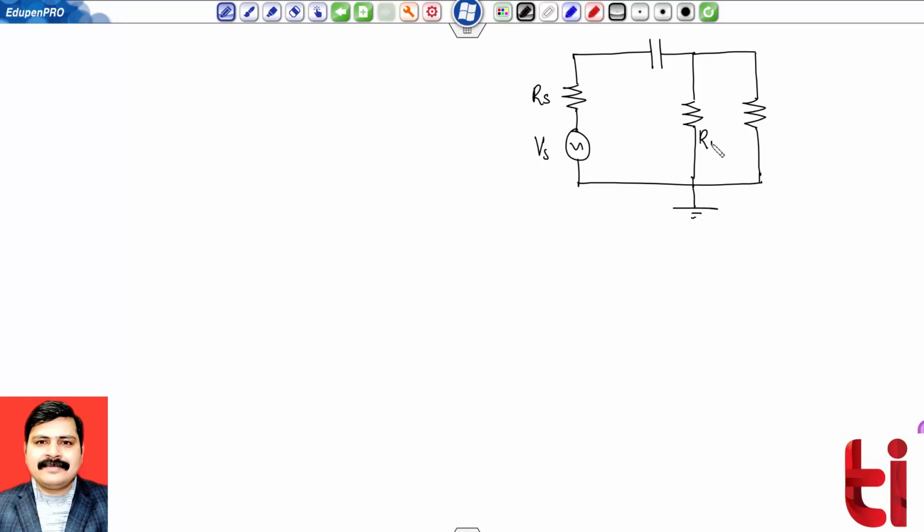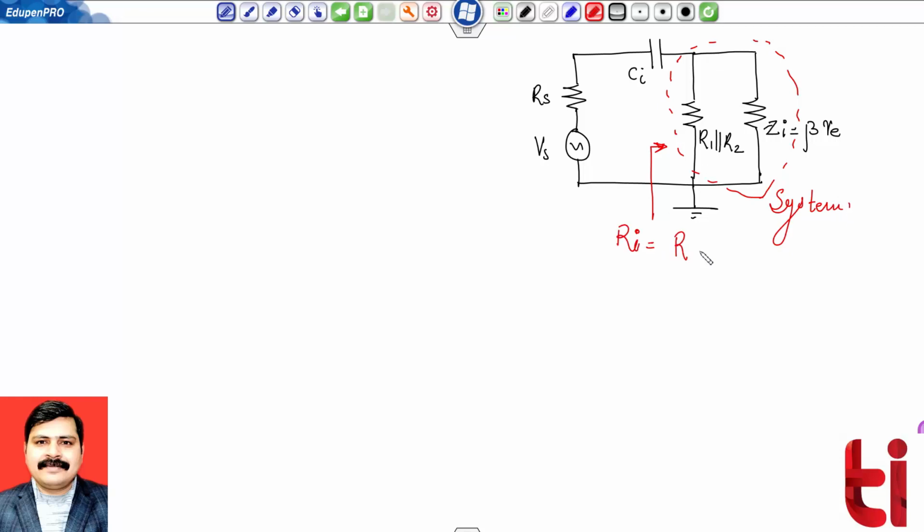These two are R1 parallel R2, and that is my Zi, which we calculated in the previous module, equivalent to beta times re, and this is my input capacitance Ci. Across the input side of my overall system, this is my Ri, and Ri is nothing but R1 parallel R2 parallel Zi.